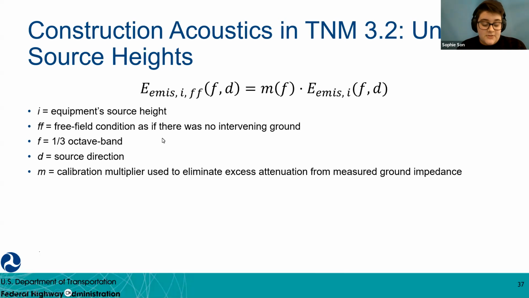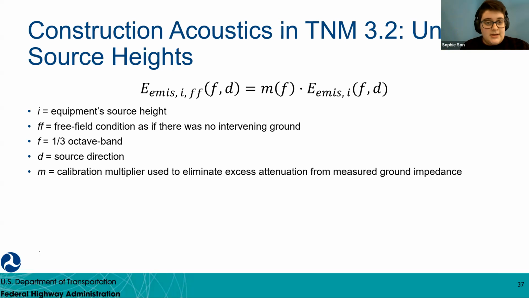For the default equipment, TNM already does this, and does the same for roadway source data as well. It removes the ground effects from the measured data to achieve the free field condition that it can then propagate over the modeled environment.